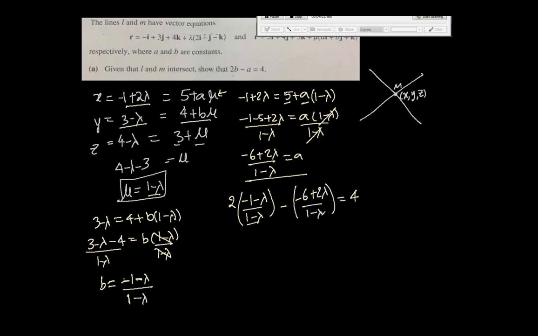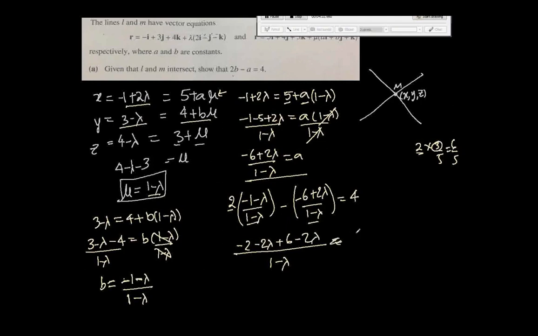Since both of them have the same denominator, we can write this denominator as one and multiply the 2 with only the numerator. If I multiply 2 times 3/5, we don't multiply 2 with 5, only with 3. So it will be 6/5, right? Similarly here, 2 times minus 1 will be minus 2 lambda, plus 6 minus 2 lambda.